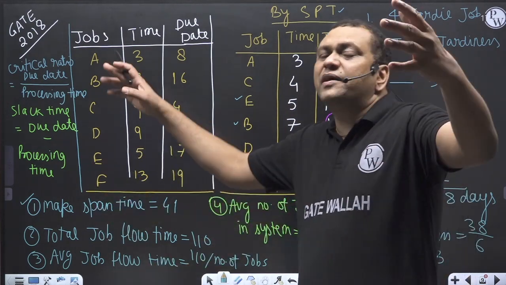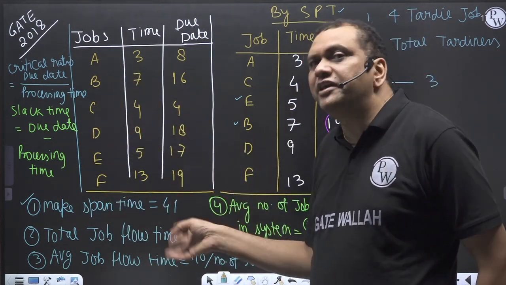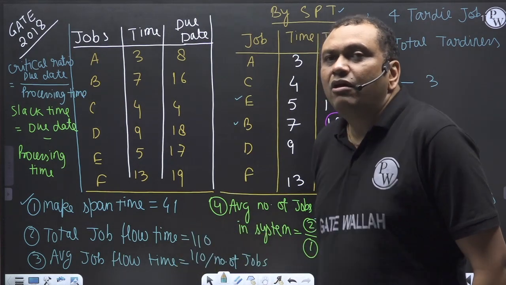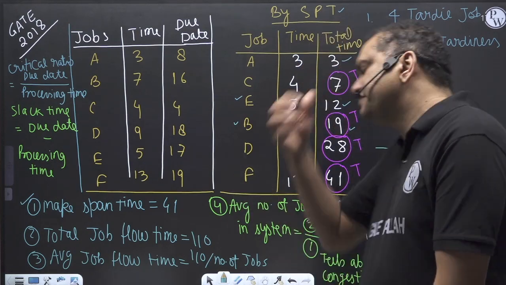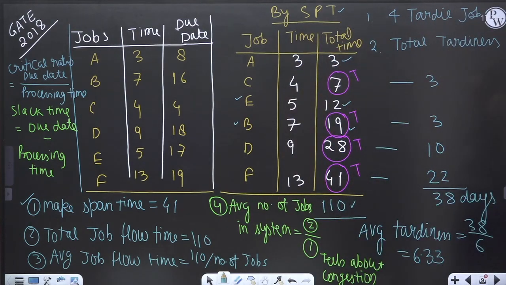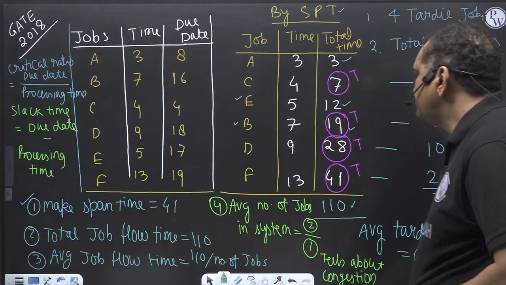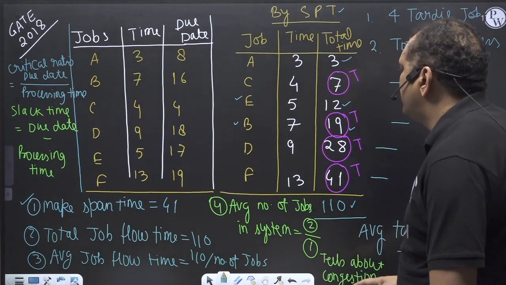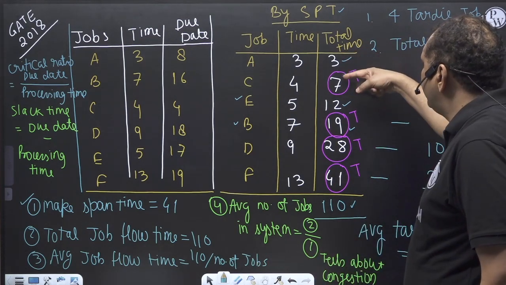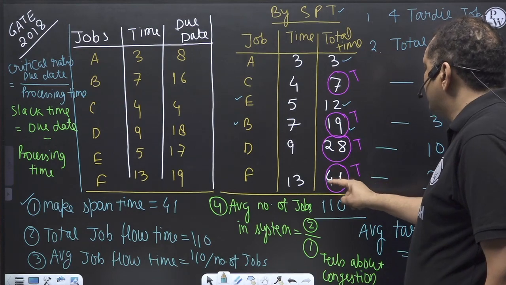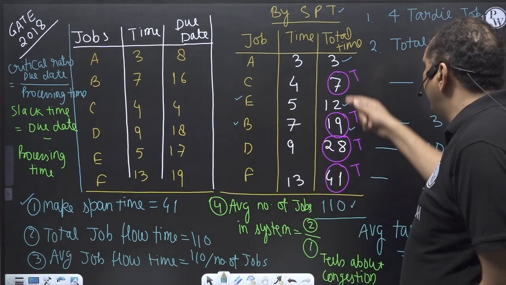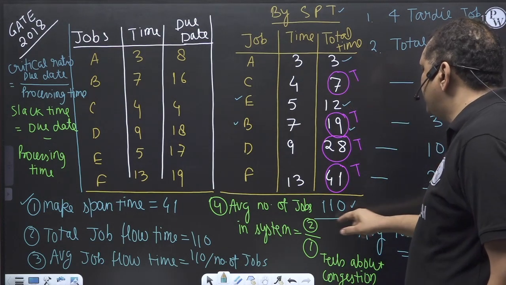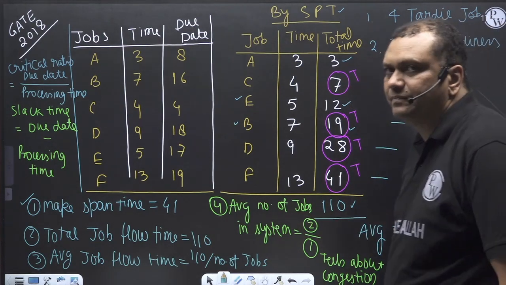I have fitted all the permutations and combinations in this slide. So understood what the total job flow time is? You add everything. And the last value, after which one batch will go out, is called makespan time. The summation of everything is called the total job flow time.